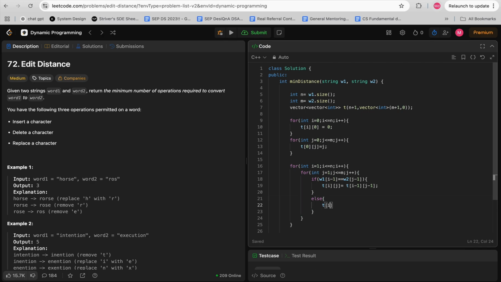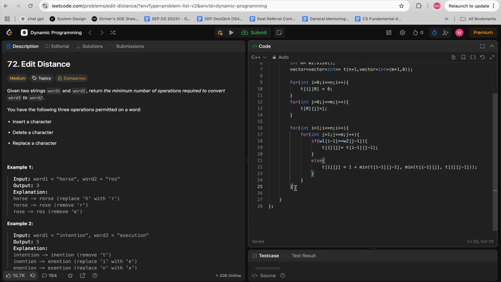Else we will do 1 plus min of t of i minus 1 of j minus 1, then t of i minus 1 of j, and t of i of j minus 1. And at the end we'll return t of n comma m. That's it.